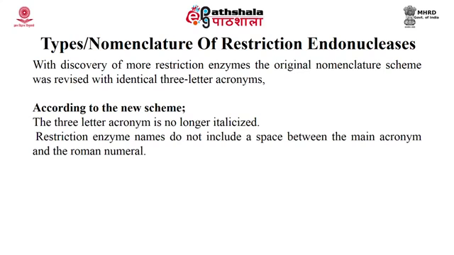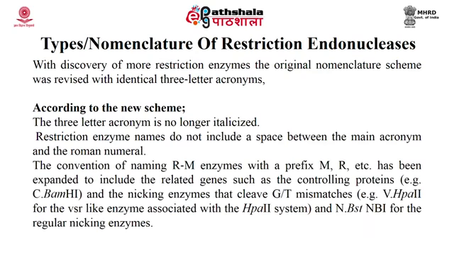According to the new scheme, first, the 3-letter acronym is no longer italicized. Second, the restriction enzyme names do not include a space between the main acronym and the Roman numeral. Third, the convention of naming RM enzymes with a prefix M, R, etc. has been expanded to include the related genes such as controlling protein.